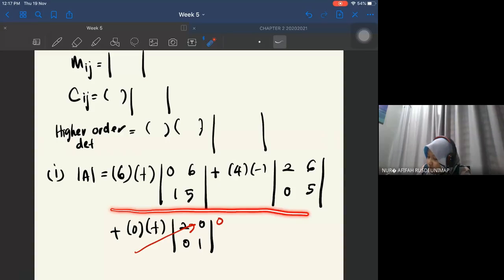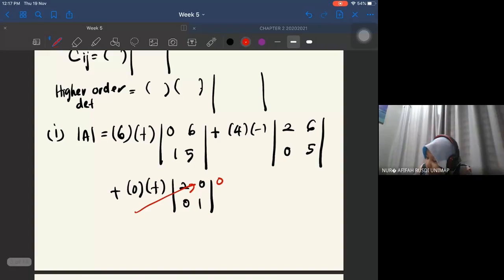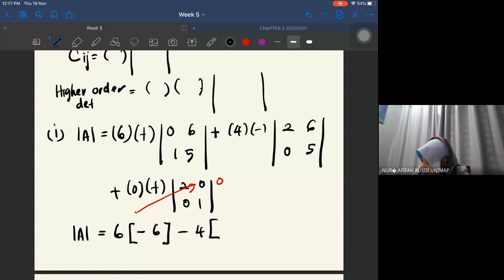Therefore the determinant of A is equals to 6, and what's inside here, 0 minus 6, so you would have minus 6 here, minus 4. So therefore this one is equals to negative 76. 40 plus 36, so negative 76.